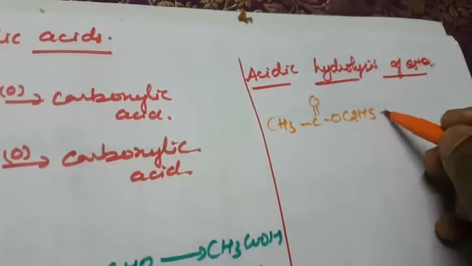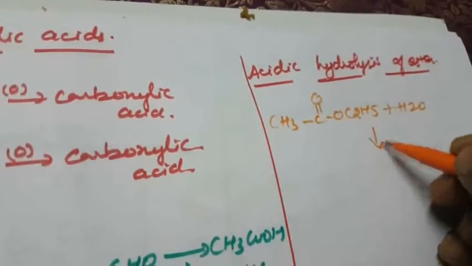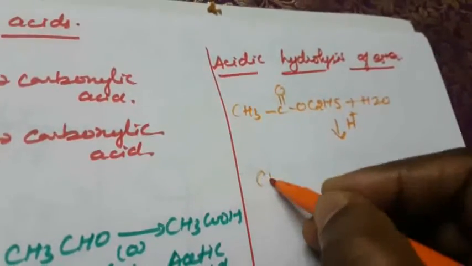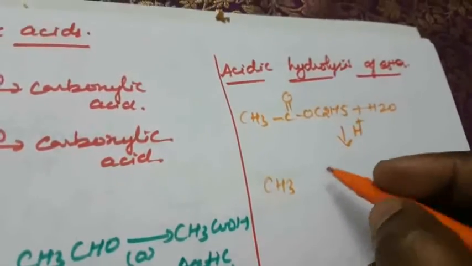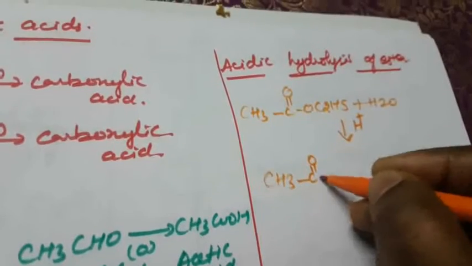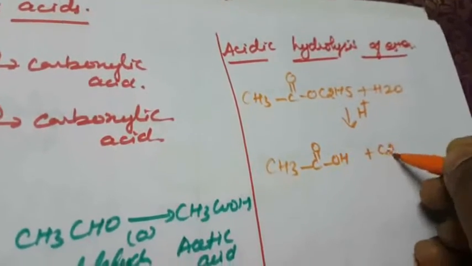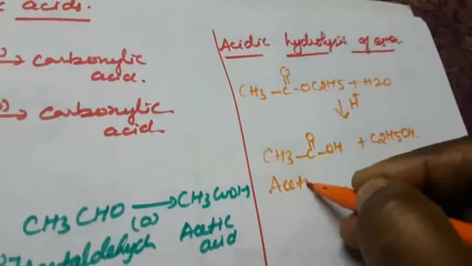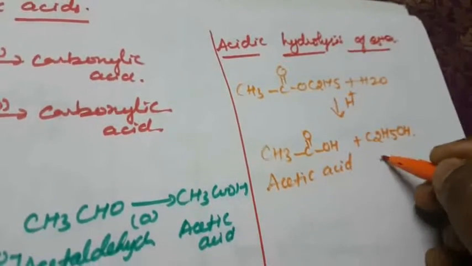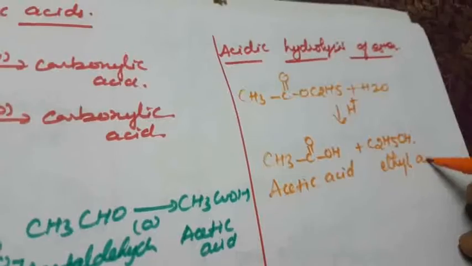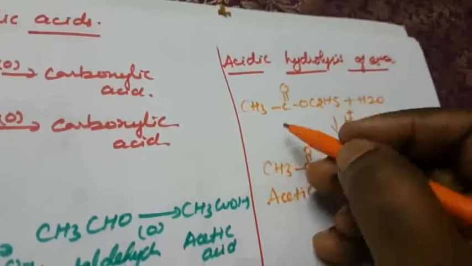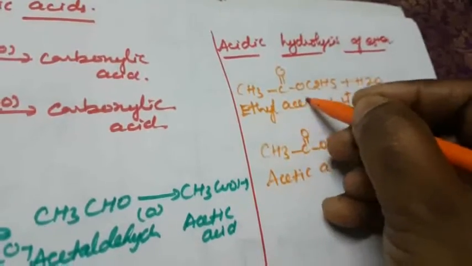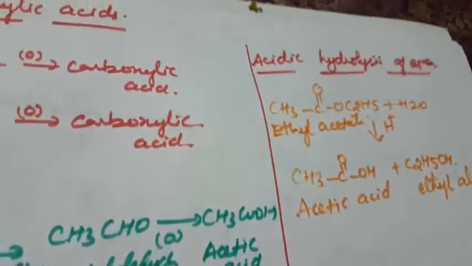Ethyl acetate plus water molecule in the presence of H plus forms acetic acid and ethyl alcohol. That is CH3 C double bond O OH plus ethyl alcohol, C2H5OH. This is acetic acid, this is ethyl alcohol, and this component is ethyl acetate. Okay, so this is another one.